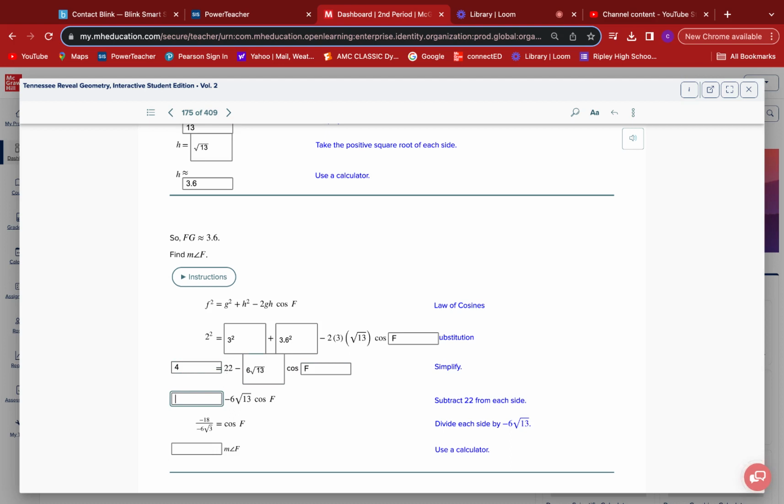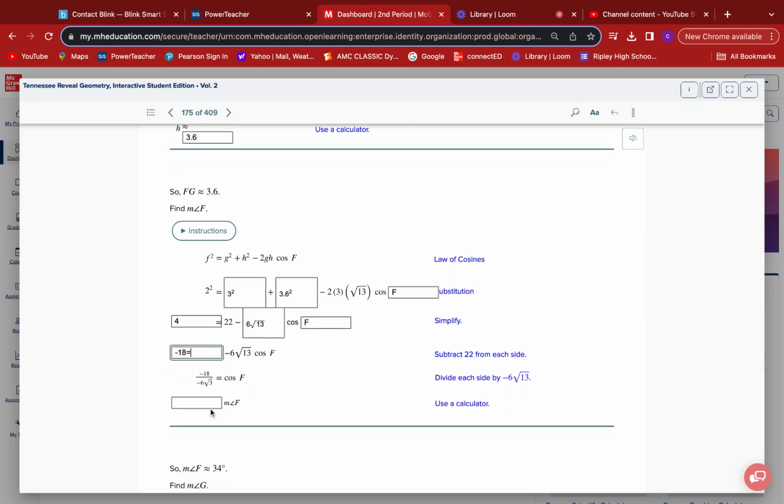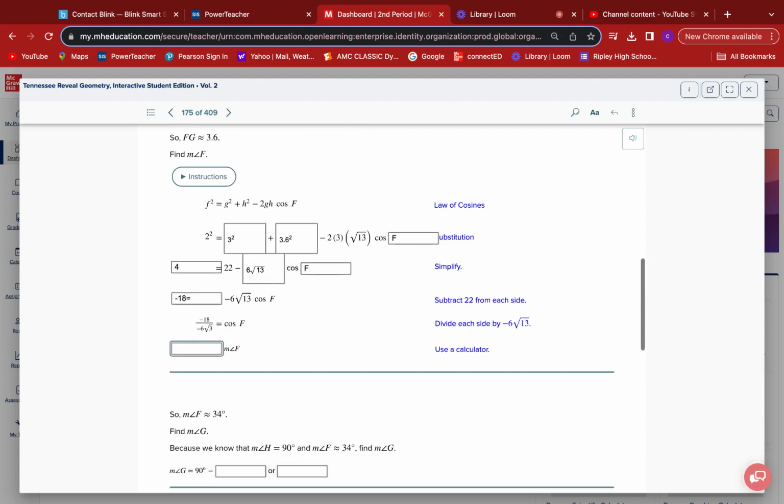It's going to be a negative 18 equals that divided by the negative 6 square root of 13. Okay, so what am I doing here? Oh, they want me to go ahead and do inverse. Okay, so go ahead and do inverse.